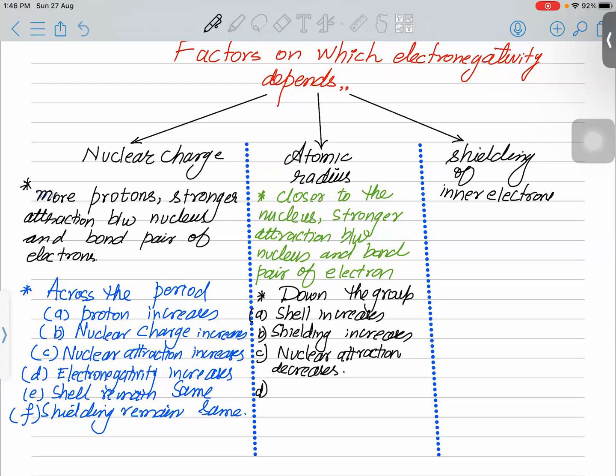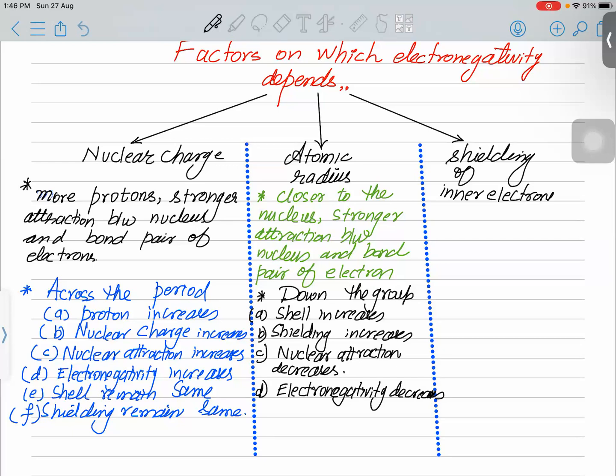Electronegativity decreases. Do not consider proton number when discussing down the group.